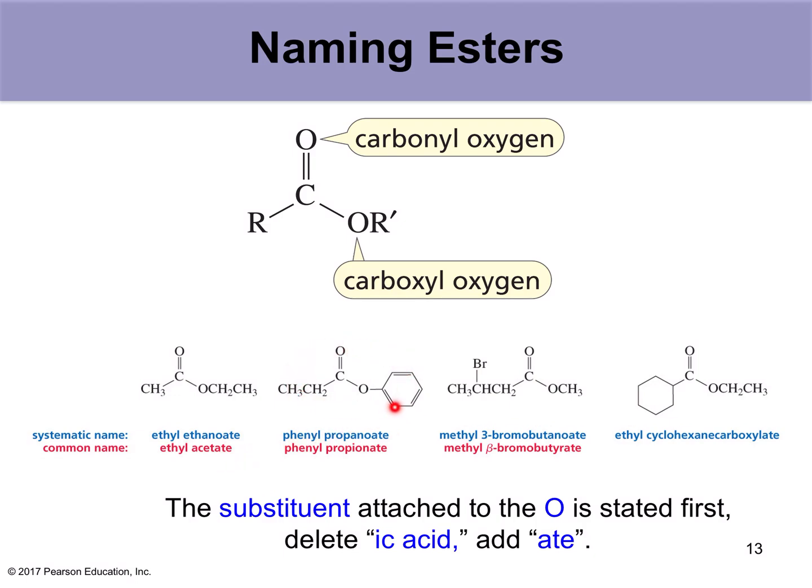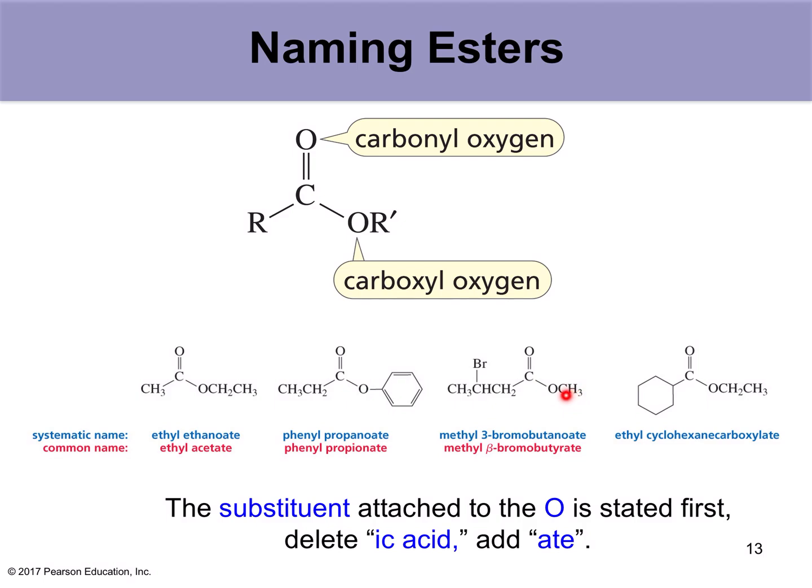And in this molecule, the alkyl group on the carboxyl oxygen is a phenyl group. So phenyl, then 1, 2, 3 carbons long, propane, propanoate. Phenyl propanoate is the systematic name, or phenyl propionate.